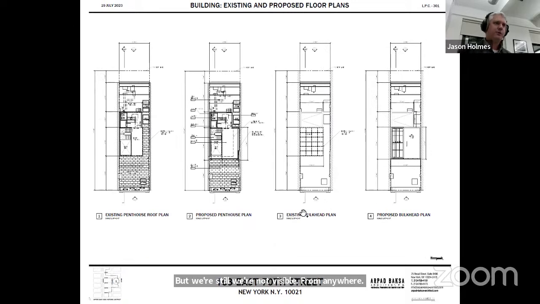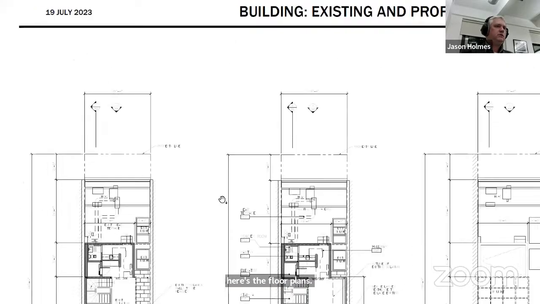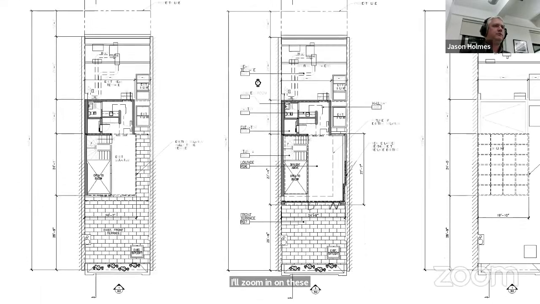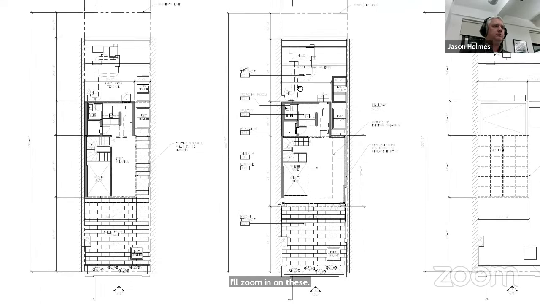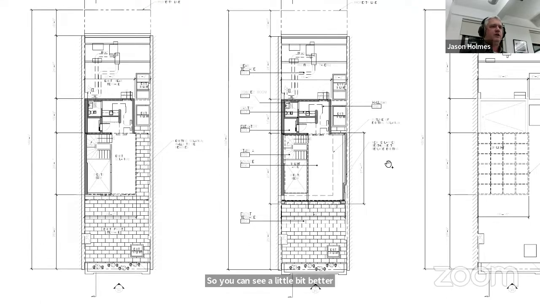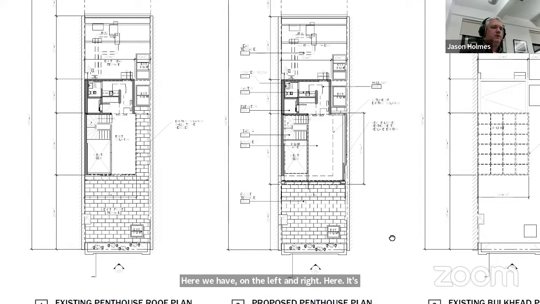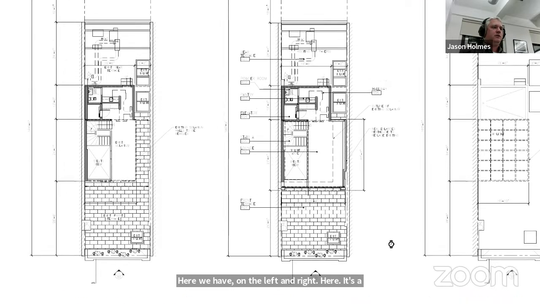Okay, here are some floor plans. I'll zoom in on these so you can see a little bit better. Here we have on the left and right, existing and proposed. The street is toward the bottom of the slide and the rear yard is toward the top.